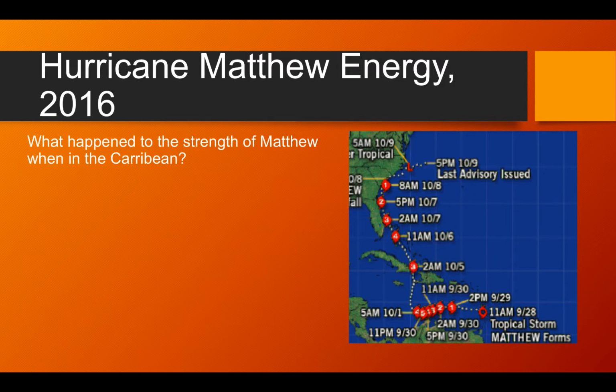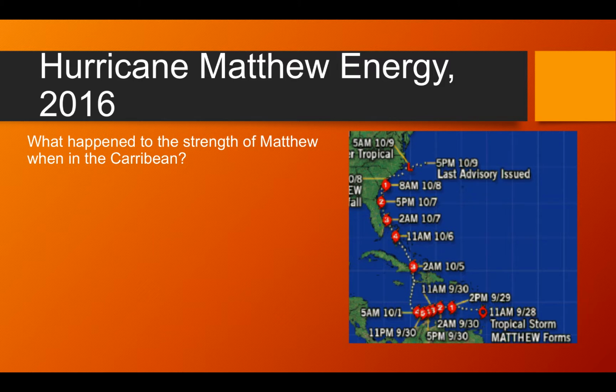What happened to the strength of Matthew when it was in the Caribbean? Well, it started as a tropical storm on September 28th and grew to a Category 1 storm on the 29th, and further increased to a Category 2, 3, 4, and 5 in one full day.